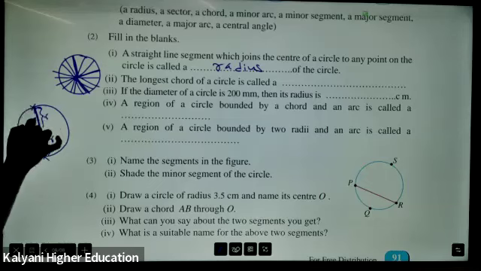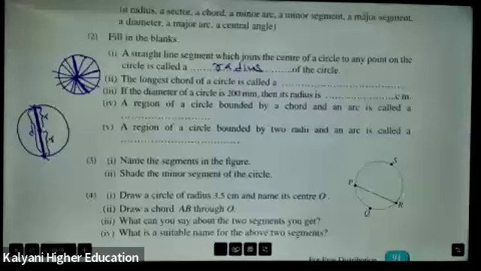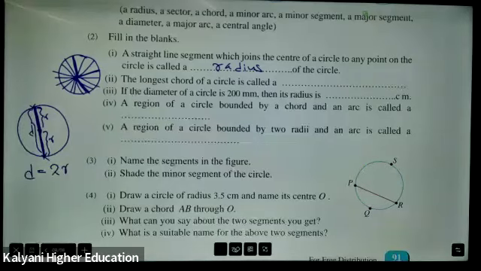Two. So what is the name of this big line, the biggest line which is passing through the center? Diameter. The diameter is equal to two radii.